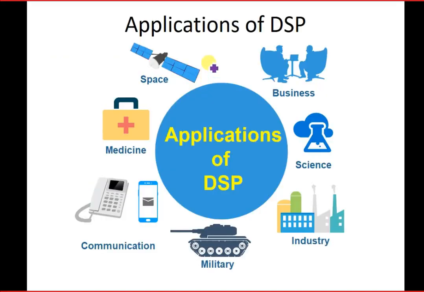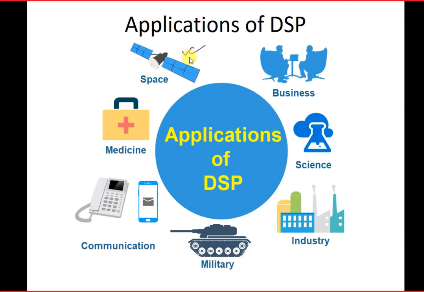So application of DSP, we can use it in space. You must be knowing about the Chandrayaan program of ISRO. They have sent the satellite to the moon, and the moon is sending data to our Earth, and we can understand the environment of the moon in a better manner, right?